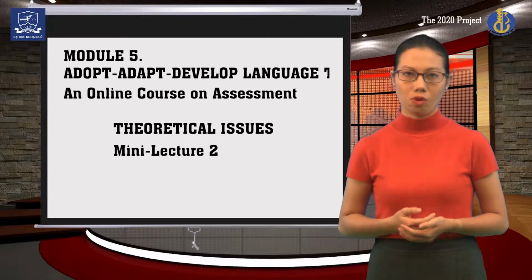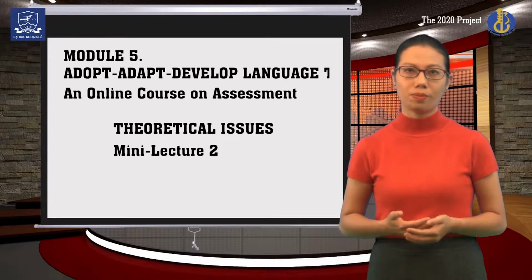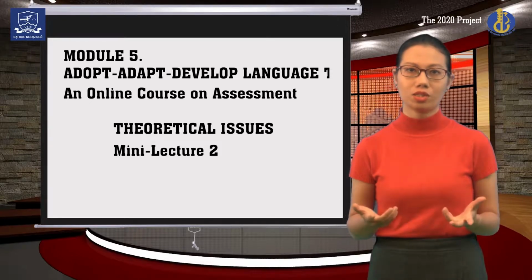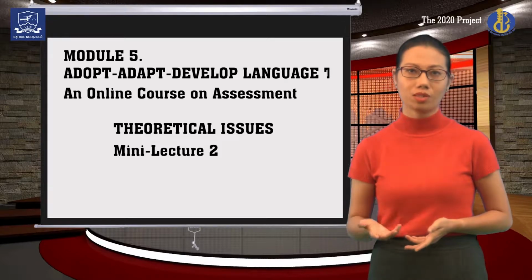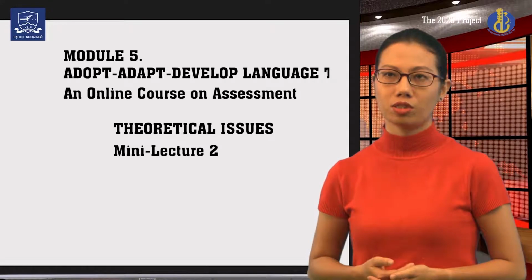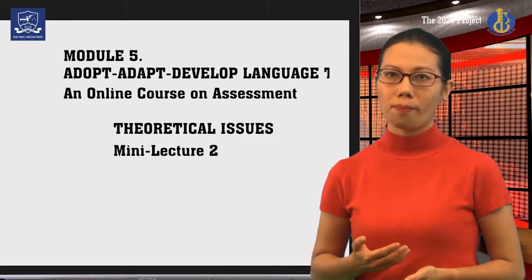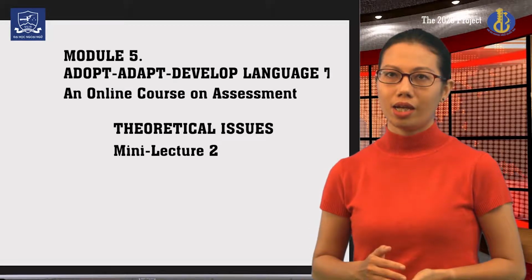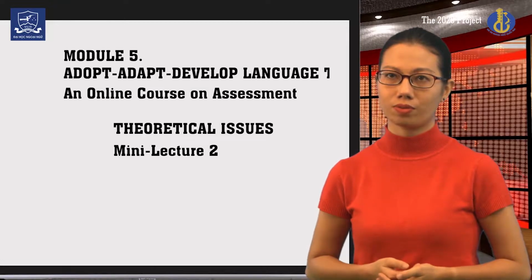Using tests with the wrong types of students can result in mismatches between the test and the abilities of the students, as well as between the test and the purposes of the program. For instance, there are situations where a proficiency test like the TOEFL is used for making placement decisions in a program with narrowly defined ability levels.